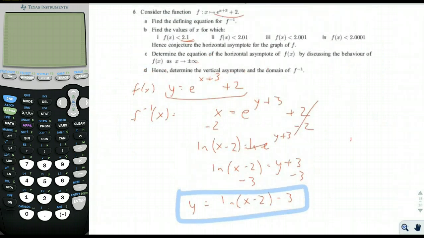It says, find the values of x for which f of x is less than 2.1. So anything where you're actually finding the logs of a certain number that's not a power of that number, you're going to have to use the calculator anyway. So we're going to enter this function in the calculator.